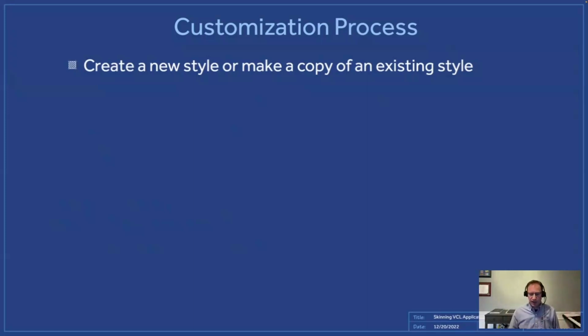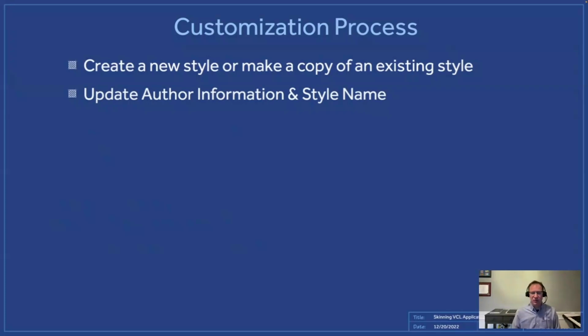And then it becomes a matter of tweaking those. We're going to update the author information and the style name. We want to do that right away because of the way the Delphi IDE picks up a new style, we need to have this unique so we can identify the one we're working with and not collide with something else. And that's done in the style name setting.